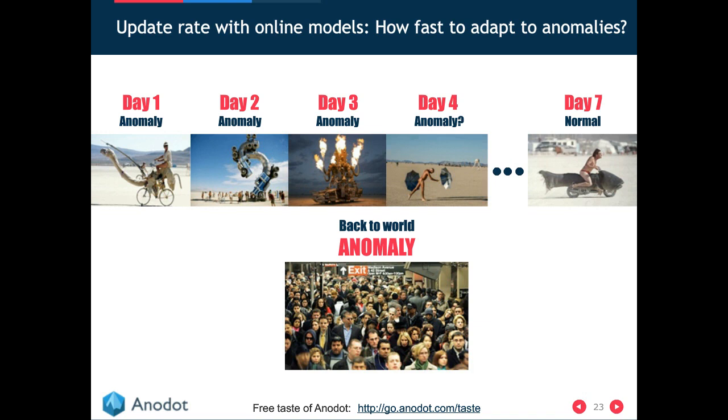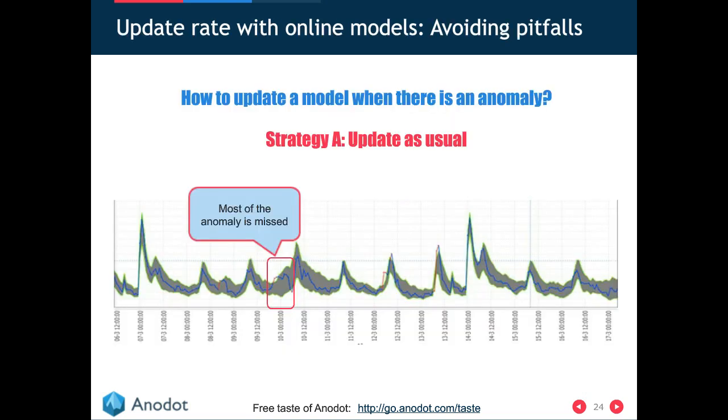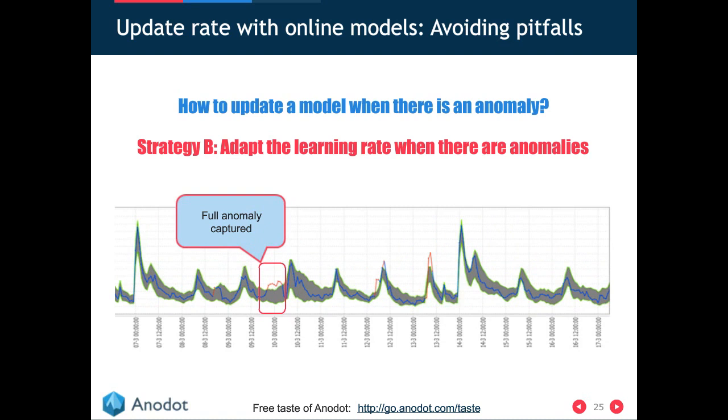If I adapt as usual, and that's the first strategy, basically letting the next sample adapt as usual, I'm going to miss most of the anomaly, and I might even screw up what happens next. So really, the strategy that should be taken is to adapt the learning rate when there are anomalies.